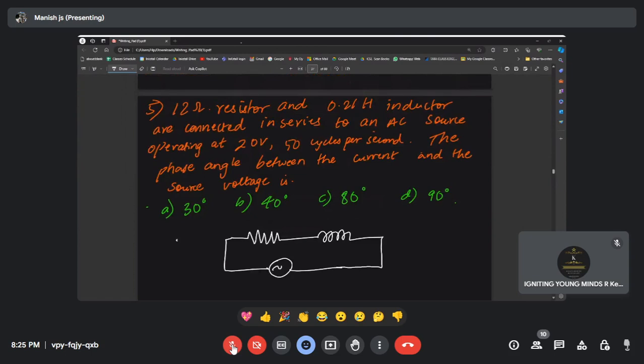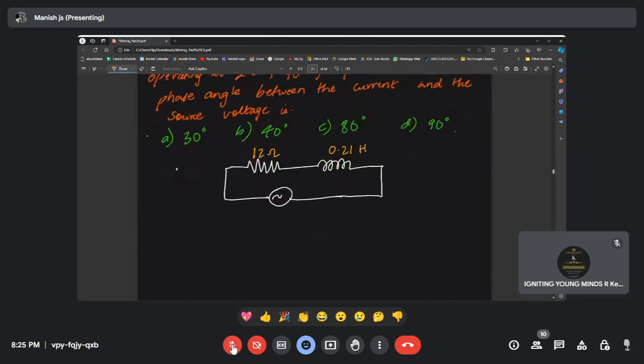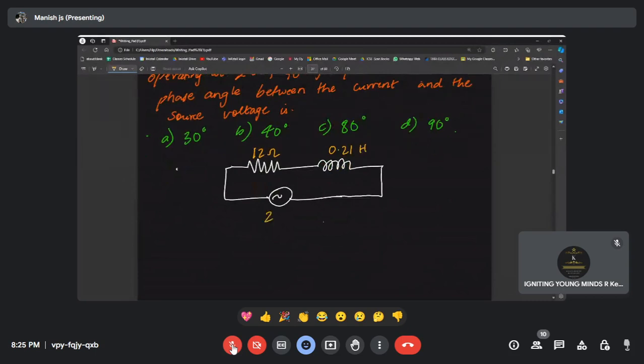I'm writing the values also: this is 12 ohms, and this is 0.21 Henry. You have the voltage also: your AC voltage is 20 volts, and the frequency is 50 hertz.